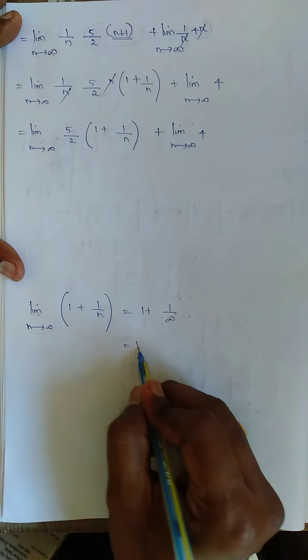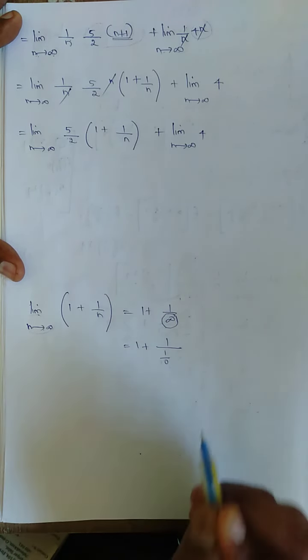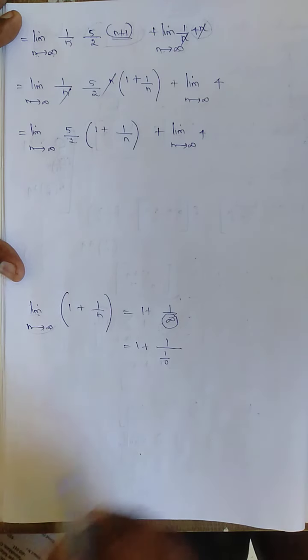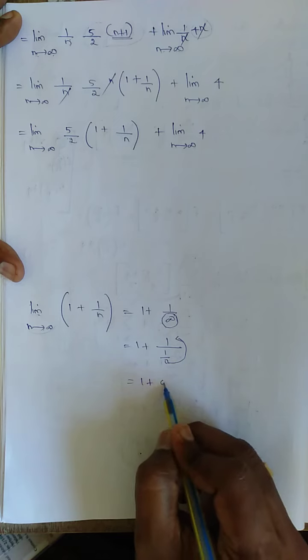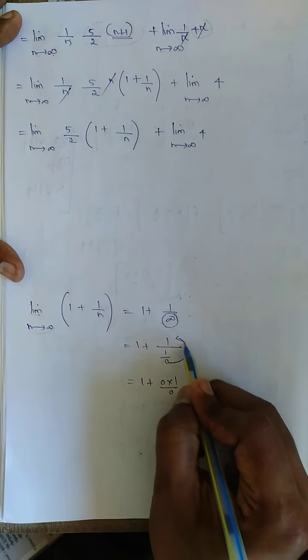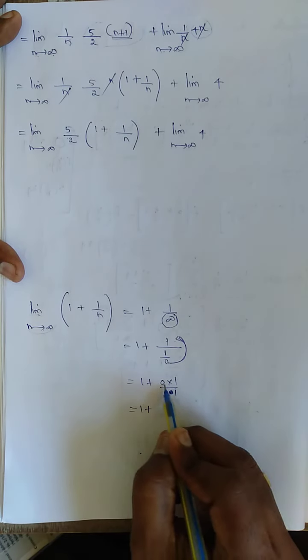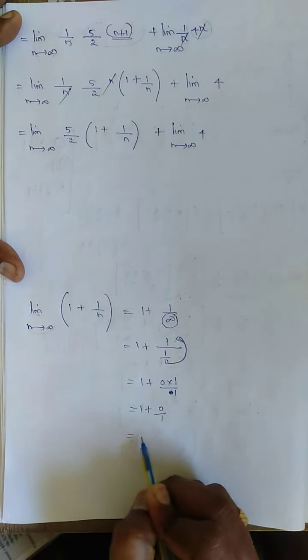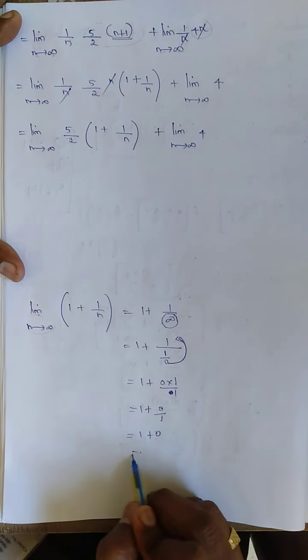So 1 plus 1 divided by infinity, I can write infinity as 1 by 0. This 0 can be moved upward: 1 plus 0 into 1 by 1, which is 1 plus 0, nothing but 1.